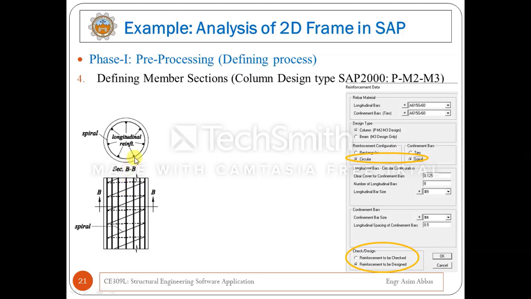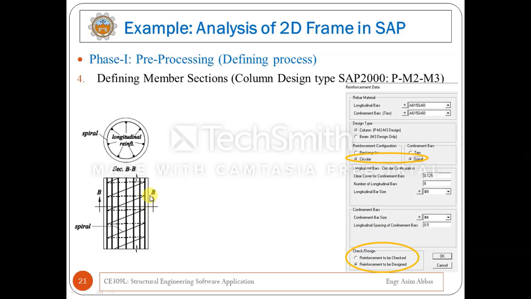And the other information for the circular configuration are clear cover for the confinement bar, number of longitudinal bars and longitudinal bar size, right? In this configuration, you are just required to enter the number of longitudinal bars, okay? And in the confinement bar, you will just enter the confinement bar size and longitudinal spacing of confinement bar. As discussed in the previous slide, this is the spacing between the spiral, right?